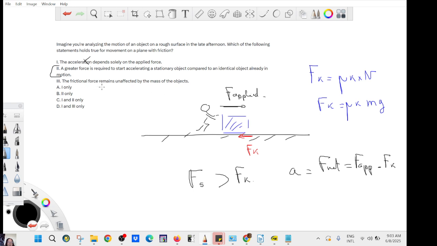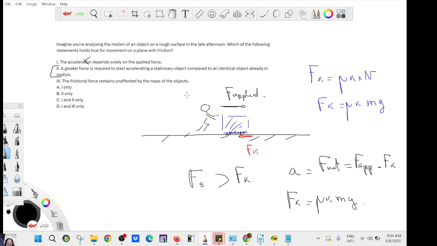The frictional force remains unaffected by the mass of the object. That's not true, because if you increase the mass, of course, the two surfaces are going to hook more together, and it will be harder to push, right? So by the way, you see here the kinetic friction equals the coefficient times mg.